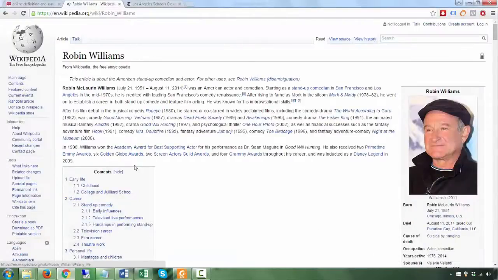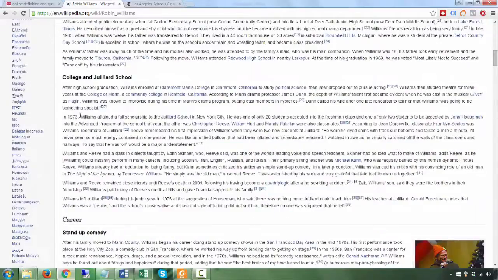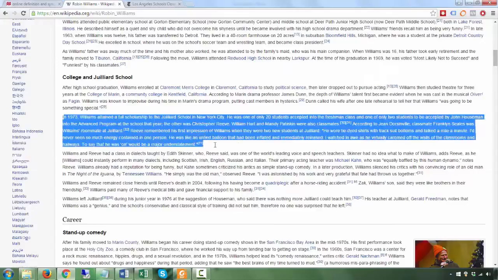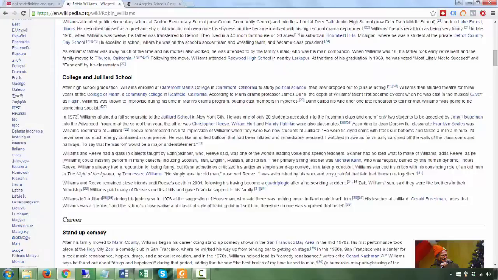Let me get an article online right now so that you can see what I'm trying to tell you. This person just came to my mind, Robin Williams, the comedian who passed away in 2014. Anyway, let's just look at the paragraph and analyze what we see here. So in 1973, what is this? This is a prepositional phrase. Remember I told you before, you could have a prepositional phrase or an adverb before your subject.